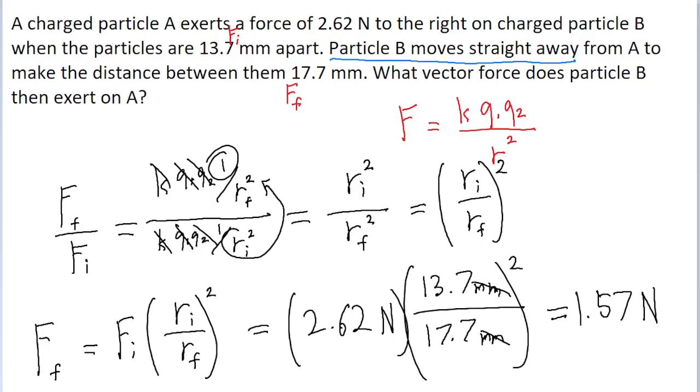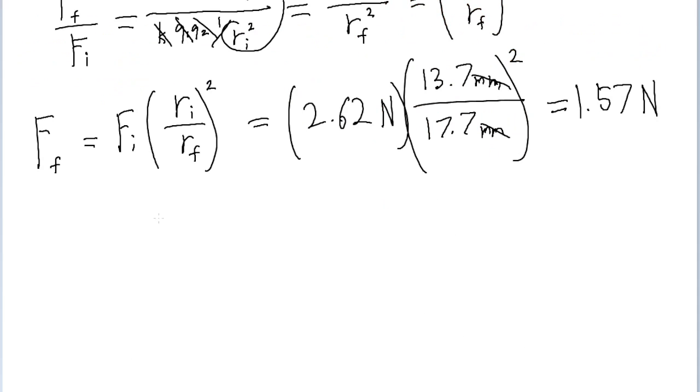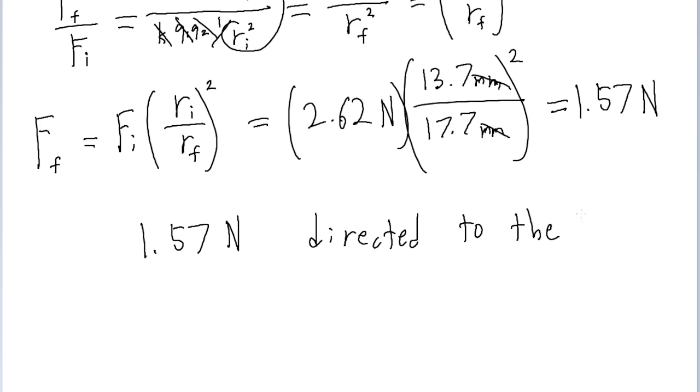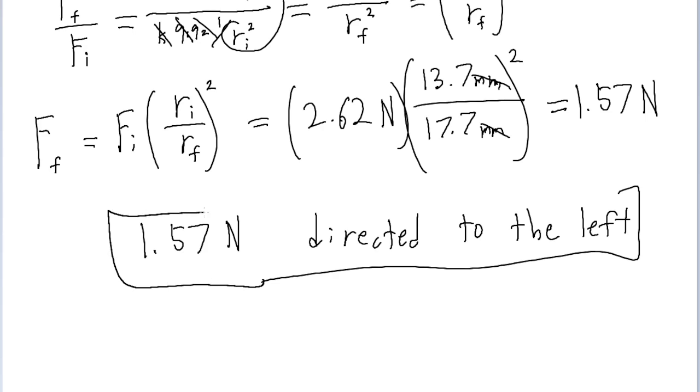So the final answer to our problem about the vector force of particle B on particle A is that it has a magnitude of 1.57 newtons that is directed to the left. And that is our answer to this problem.